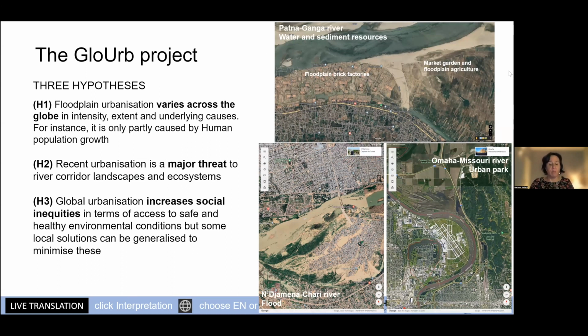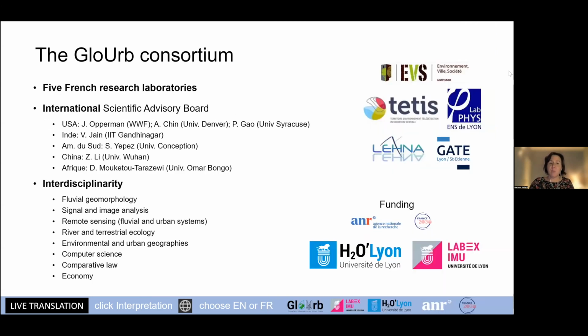The other hypothesis is that urban growth in floodplains could be the source of conflicts and inequalities, and associated with environmental issues, but which may lead to local actions that make it possible to minimize the impact.